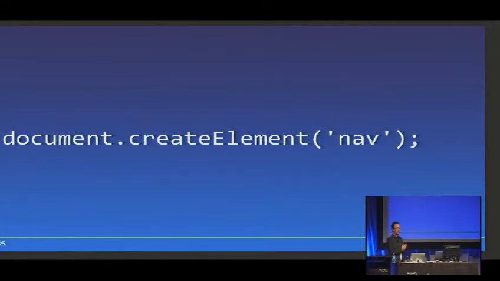Now, in older versions of IE, in particular IE 6, 7, and 8, that browser doesn't understand any of these new elements. Other browsers like Firefox and Safari don't really know what these elements mean, but they will still display them. IE is a lot more strict.